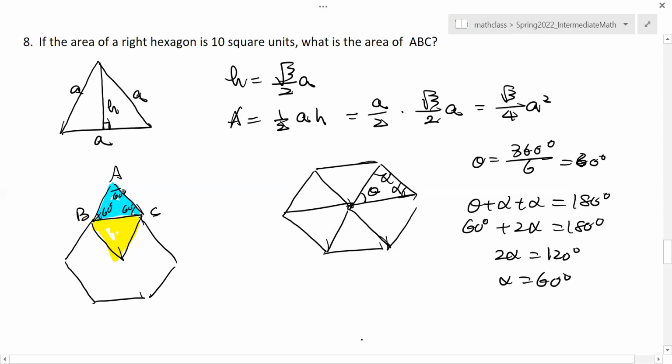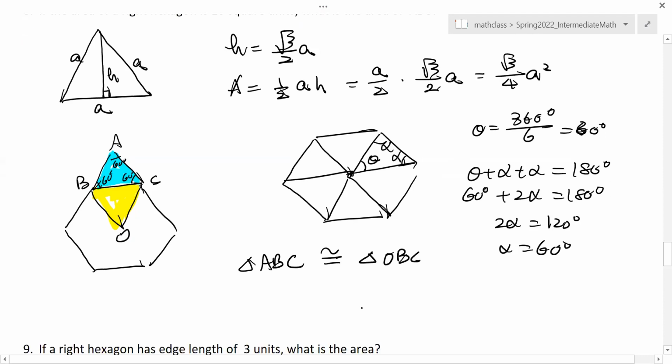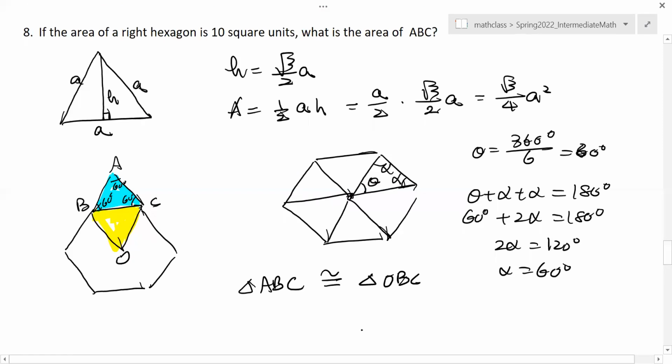So if that's O, the triangle ABC is the same as, we call it congruent, the triangle OBC, okay? It's congruent, that's the same.